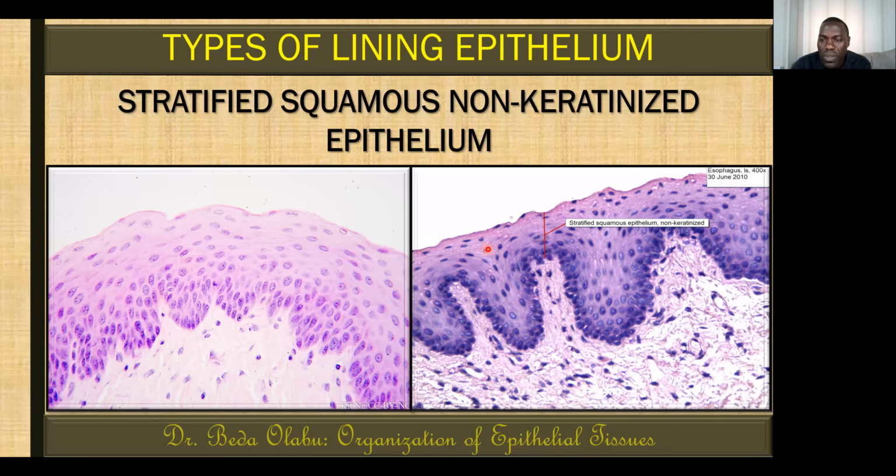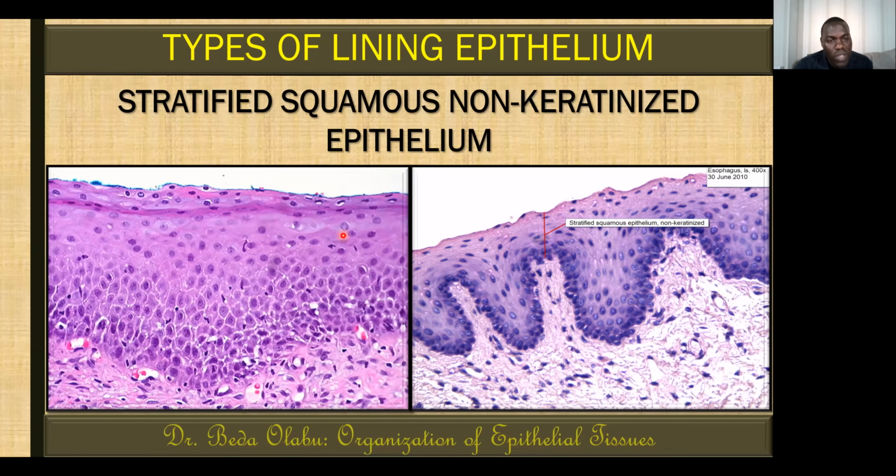Even this is also an example of stratified squamous epithelium. This is specifically that of the esophagus, stratified squamous non-keratinized epithelium. This is also another example, the image on your left, stratified squamous non-keratinized epithelium. You can see in many layers of cells, the apical cells are flattened.